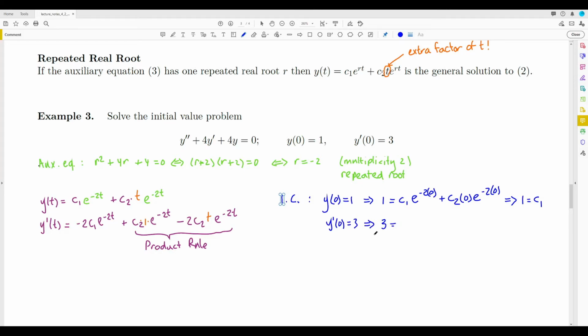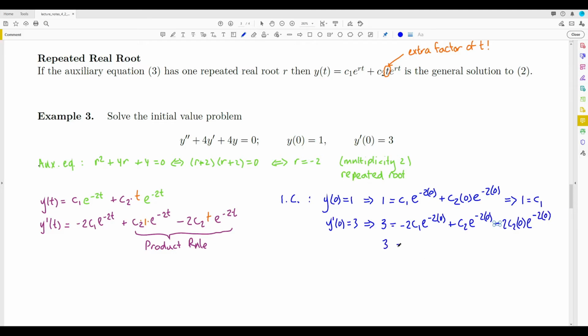So the second initial condition is y prime at 0 equals 3. So that means that 3 equals, and now let's plug in 0 here. So that's negative 2 c1 e to the power negative 2 times 0 plus c2 times e to the power negative 2 times 0, and then minus 2 times c2 times 0 times e to the power negative 2 times 0.